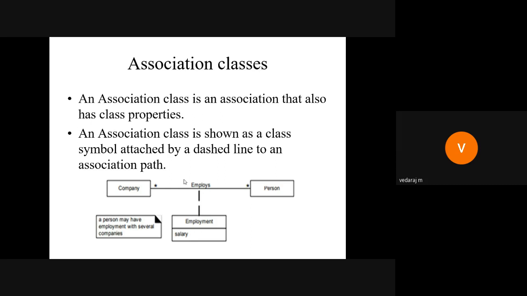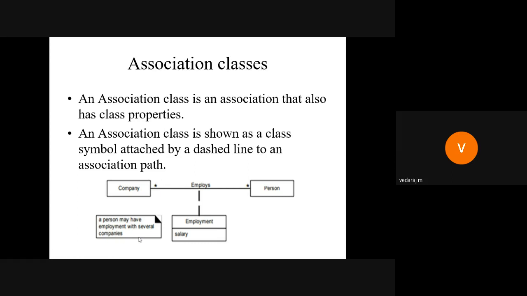Okay, so an association class is a class which describes only the association. See, every person belongs to some company. A person is the employee of the company. See here at the bottom, employment is there.